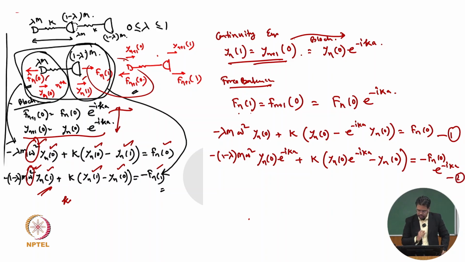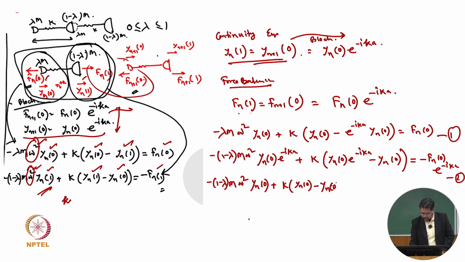1 and equation 2. So now what I will do, I will divide equation 2 with e to the power of minus ika, because look, e to the power of minus ika seems to be taking the full thing, so I divide it so that I get rid of it. yn0, yn0 e to the power of ika equal to Fn0 with a minus sign.